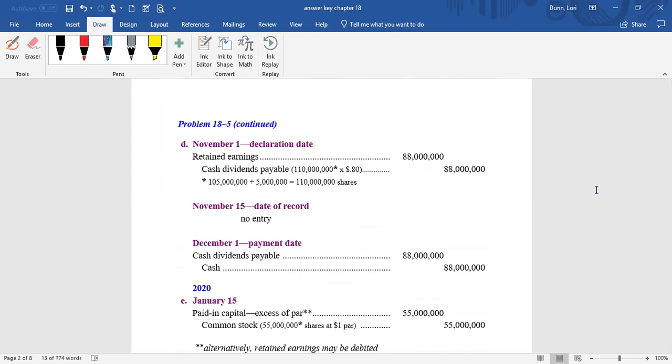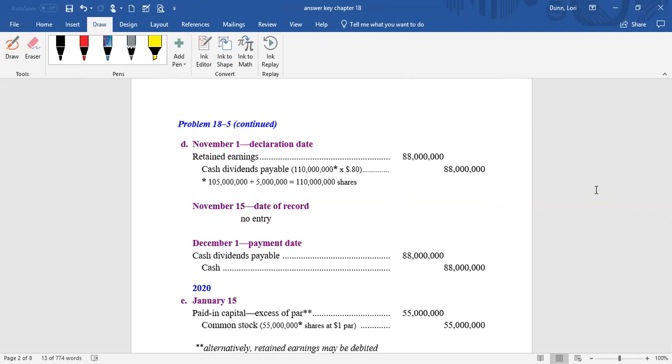Now there's 110 million. 105 million plus the 5 million additional shares that were sent as a dividend. So you calculate this cash dividend on 110 million shares times 80 cents per share. Debit retained earnings 88 million, credit your cash dividends payable.